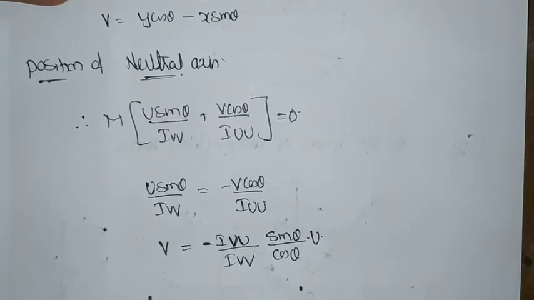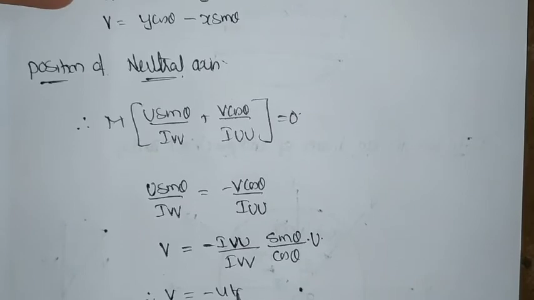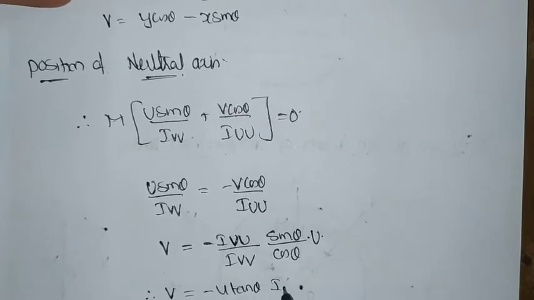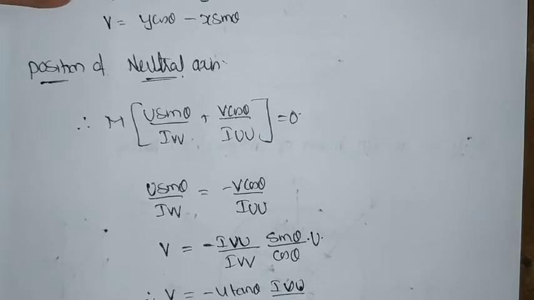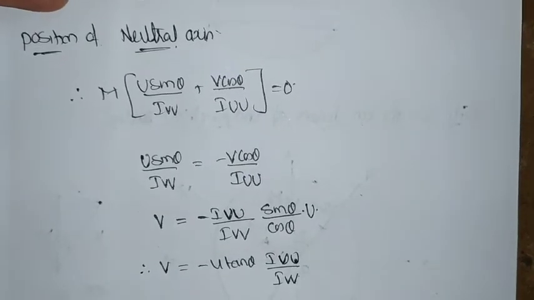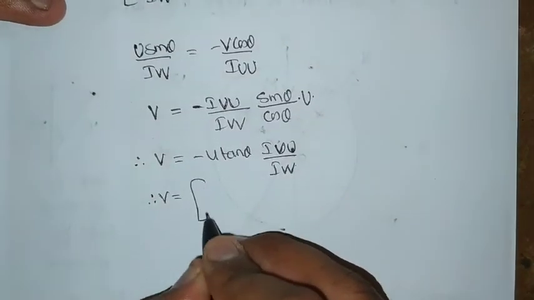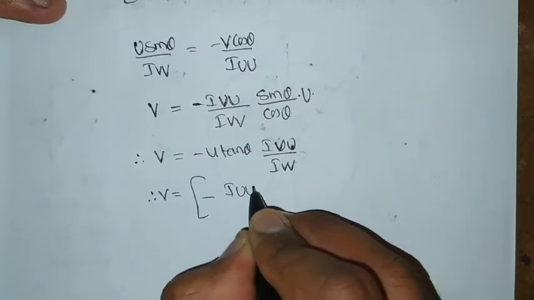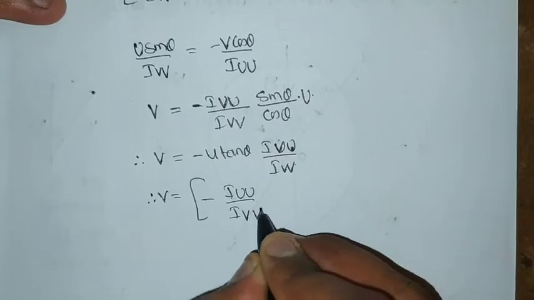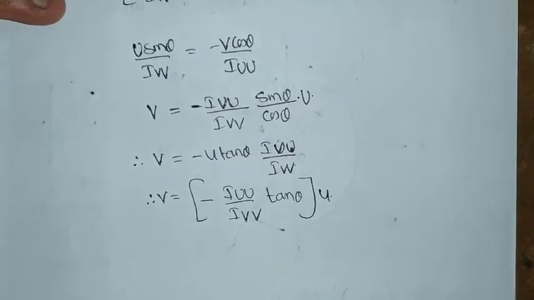Then this v can be written as, sin by cos can be written as tan, so minus I uu by I vv into tan theta into u. Therefore v is equal to minus I uu by I vv into tan theta of u.